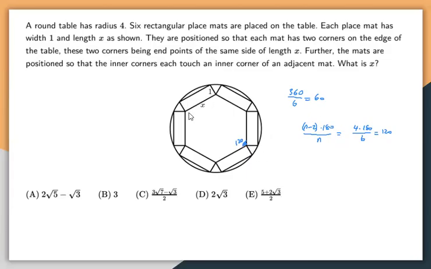So all the interior angles are 120, and then we just need to relate the given numbers 1 and x as well as the radius of 4. This is a circle problem, and I always recommend to draw the radius from the center to an intersection. So I'll take this intersection. You can take any intersection because I need to relate those numbers.